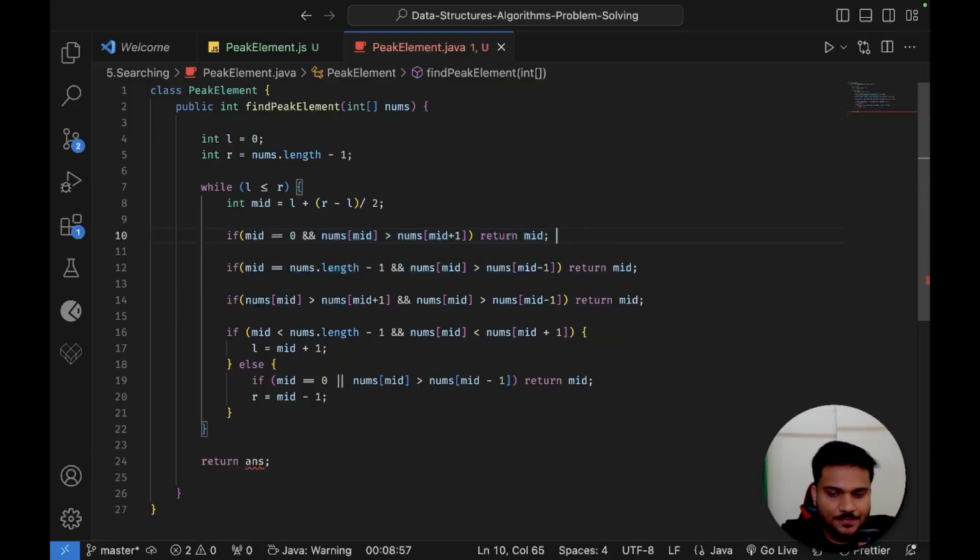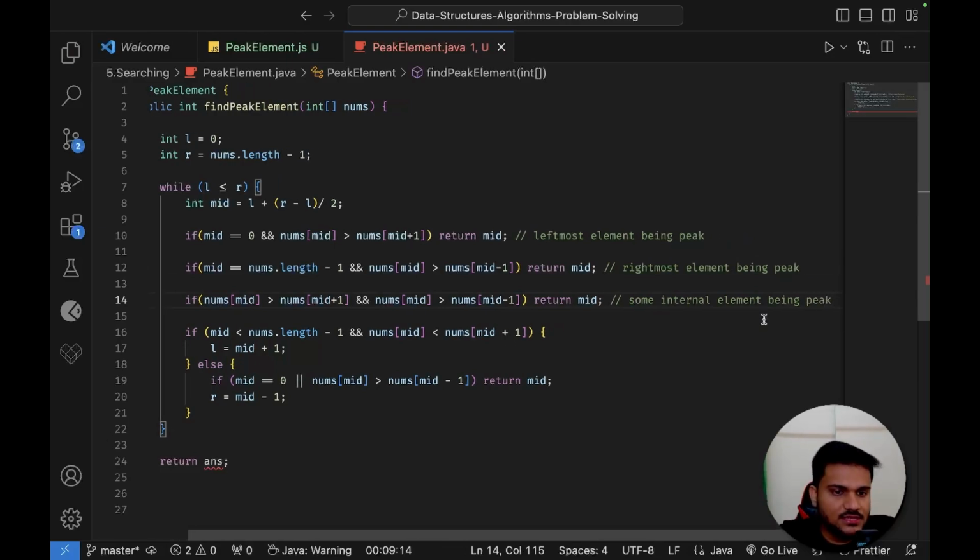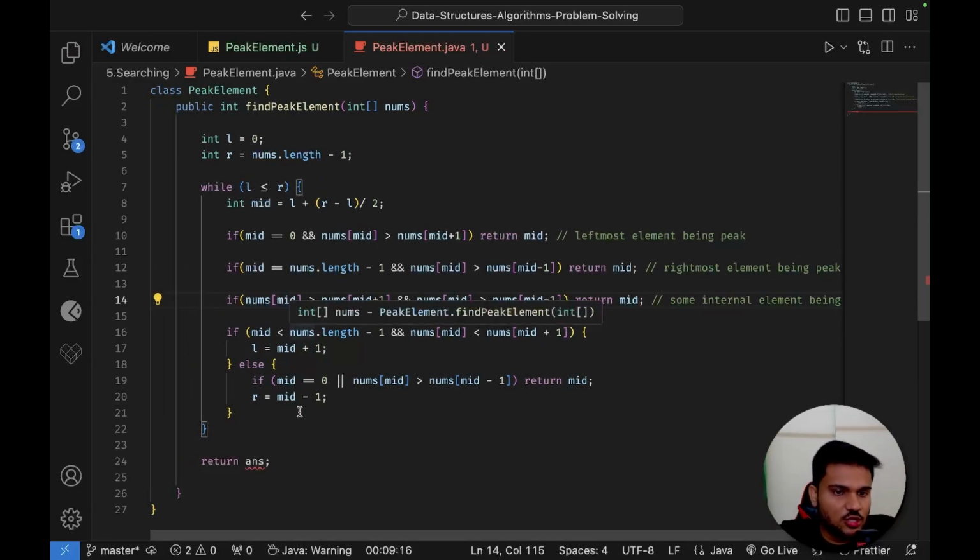This is for the leftmost element being peak. This is for the rightmost element being peak. And this is some internal element being peak. That's how you can actually solve this.